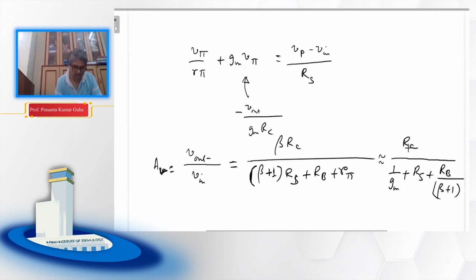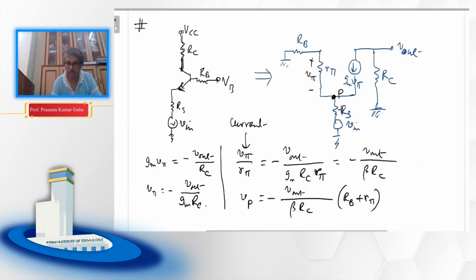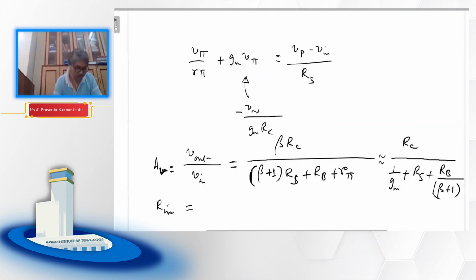In this you can put a test voltage, Vx, and get Ix, and you can find out the corresponding Rin. Okay, I'm not doing that. I'm just writing the ultimate expression.